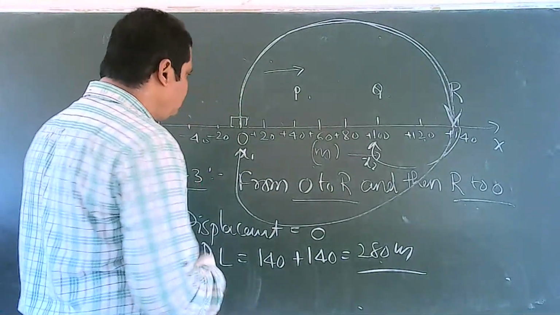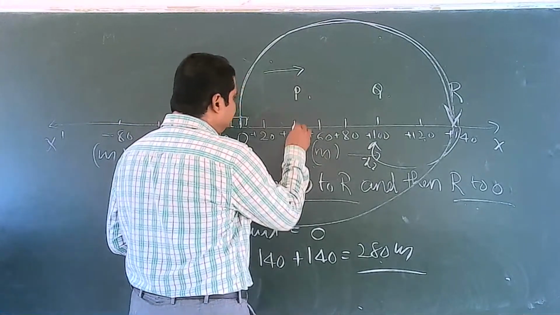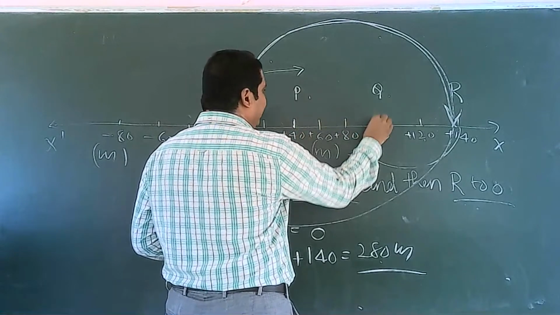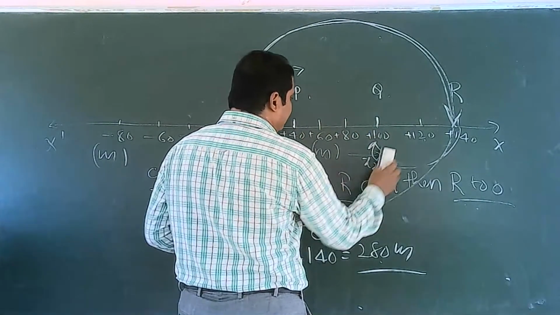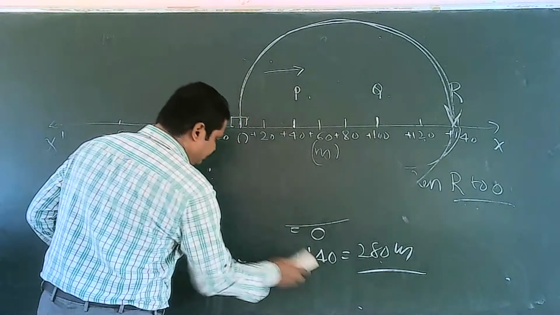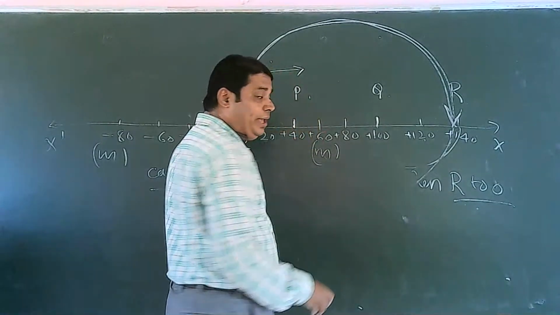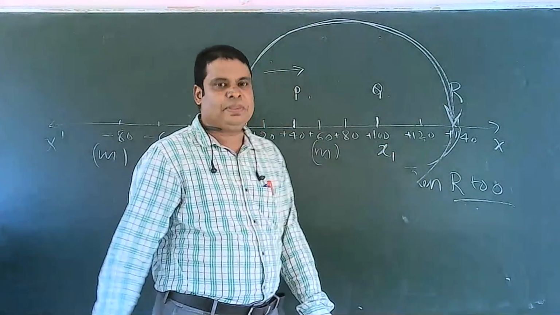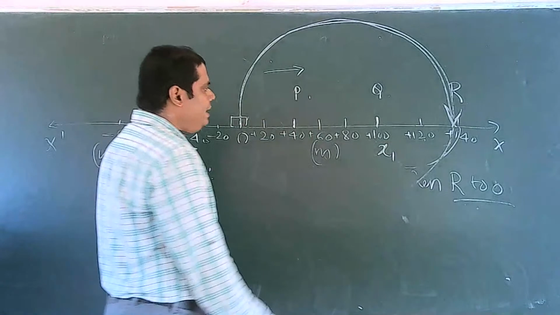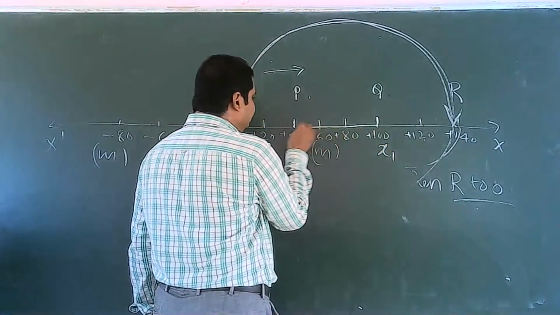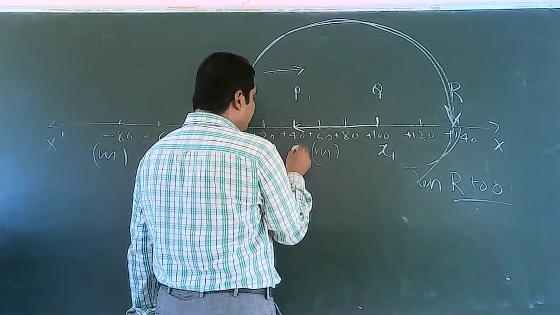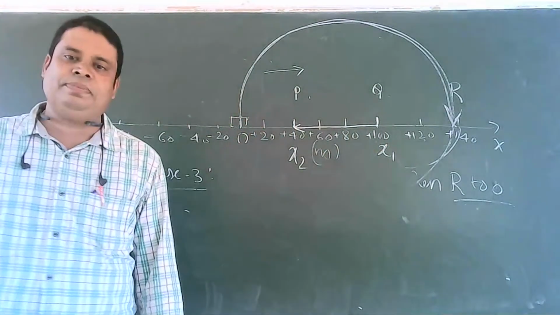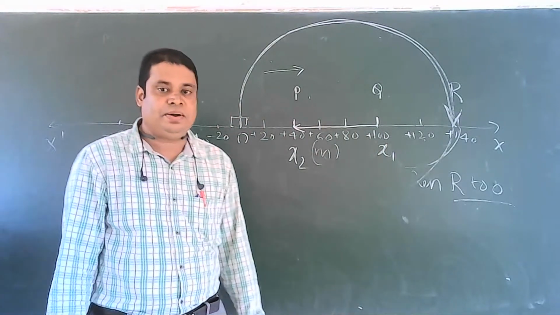Imagine a body initially at Q. X1 is its initial position, Q, and it is moving in this direction. X2 is the final position.